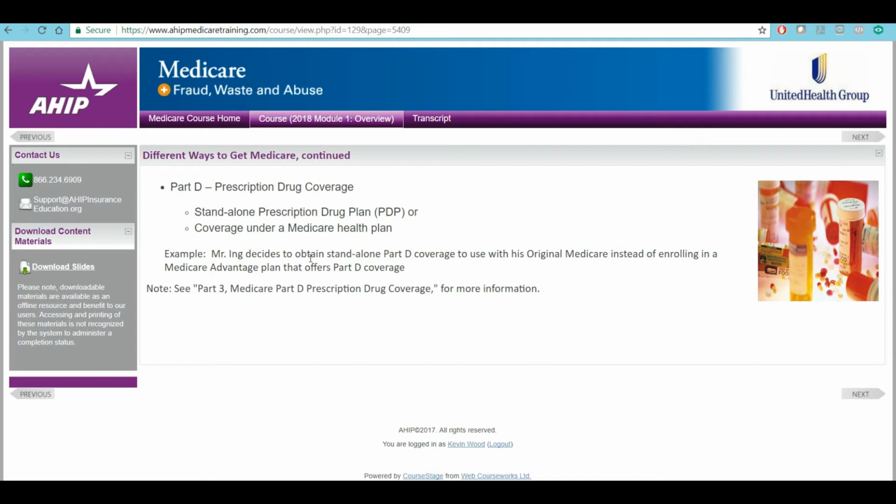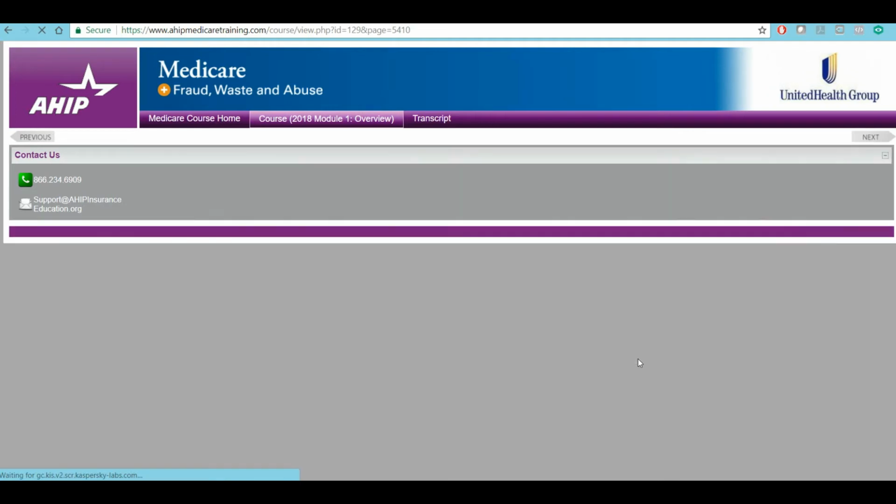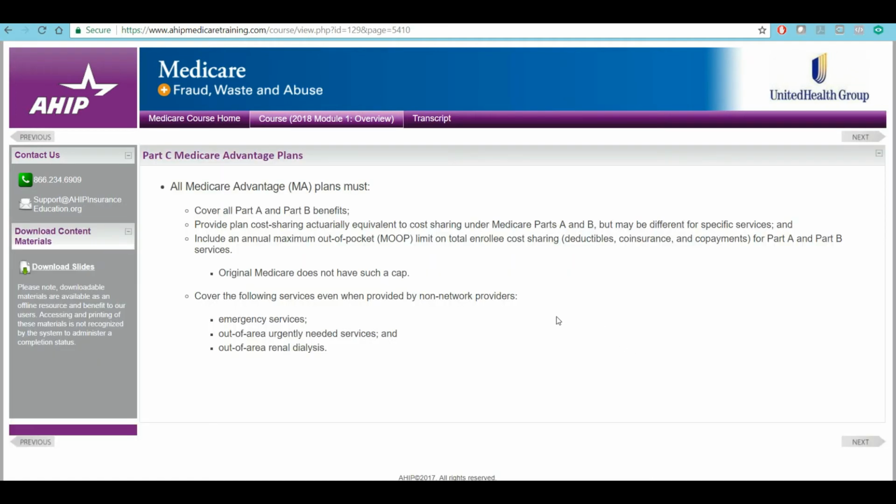I am not going through this at a slow pace. I'm showing you slide after slide and showing you what it looks like if you're going to do a study of each page. Now here's the annual maximum out-of-pocket MOOP limit on total enrollee cost sharing, deductibles, copays, and coinsurance for Part A and Part B services. Original Medicare does not have such a cap.